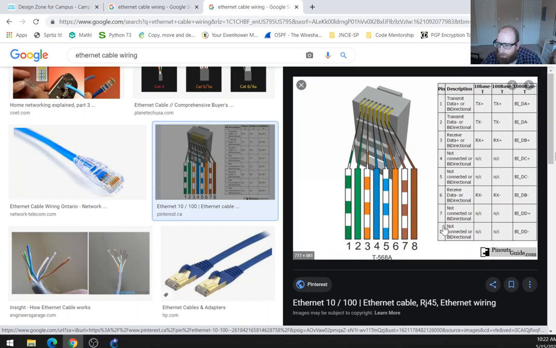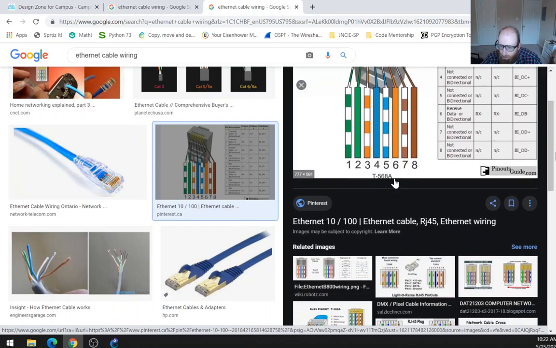So 7, 8, and 4, 5 are used for PoE. 1 and 2 are used for transmitting. I don't know what the difference between the plus or minus is. And 3 and 6 are used for receiving.